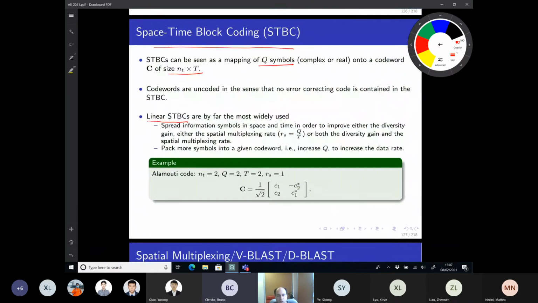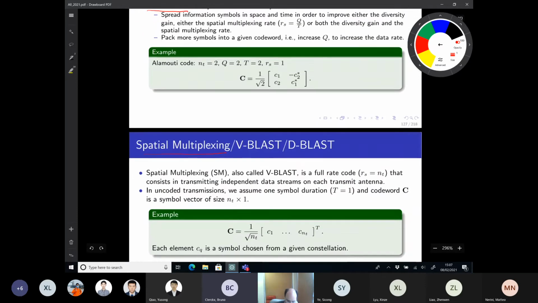The Alamuti we know already, so I will not go over it again, but I will show you examples of how Alamuti works when you have 3 antennas, 4 antennas. Is there something equivalent to Alamuti? But before doing that, I will go into maybe the most popular one, which is simply the spatial multiplexing.